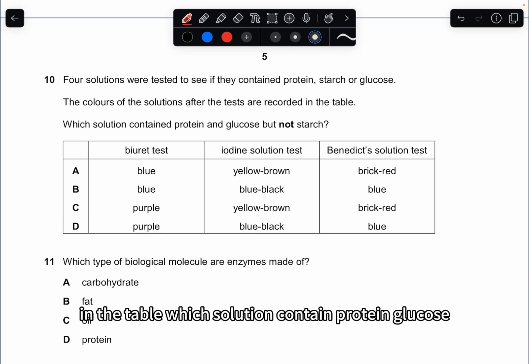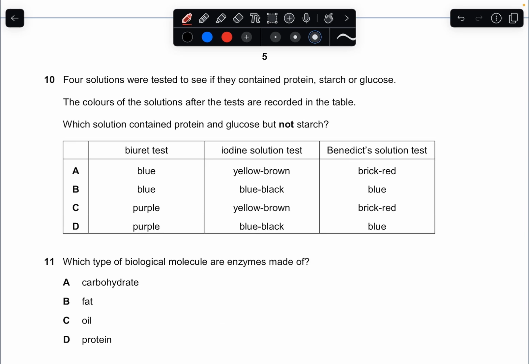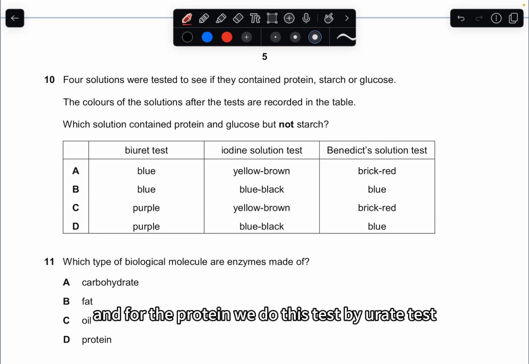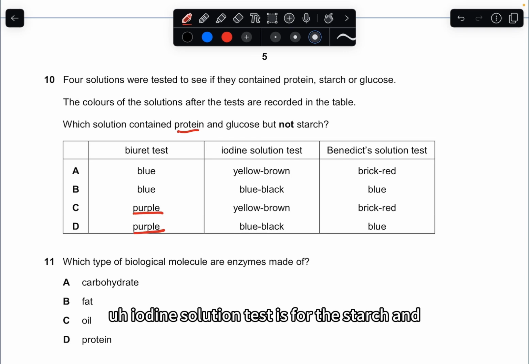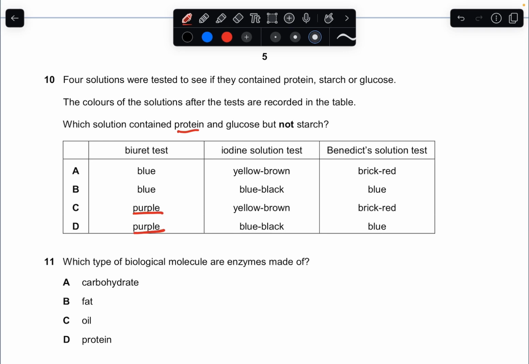Which solution contains protein, glucose, but not the starch? For the protein, we do this test by biuret test. The color changes purple. Iodine solution test is for the starch, and it's yellow brown. And for Benedict's solution test, it will change to brick red. So answer is C.